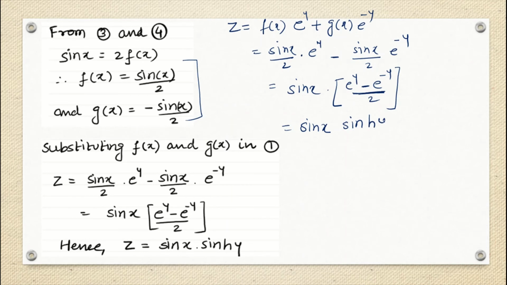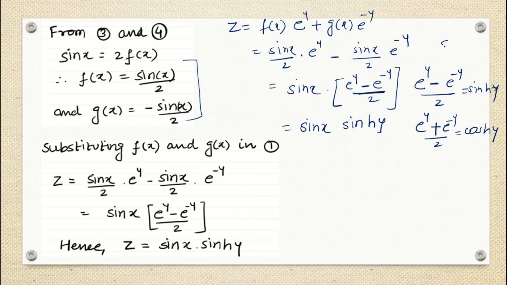Okay, so how to memorize it? If it is e raised to y minus e raised to minus y by 2, it is your sinh y. And if it is, suppose, e raised to y plus e raised to minus y by 2, it is your cosh y. So we know sine, correct? So sine is for minus.